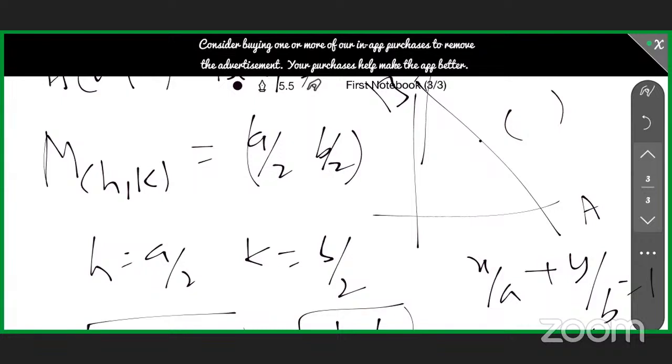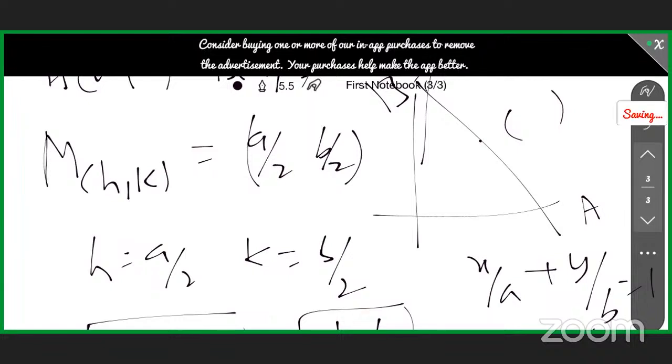That means the line which is passing through the point of intersection 12 by 7 and 12 by 7 is going through, and that line has got a midpoint.